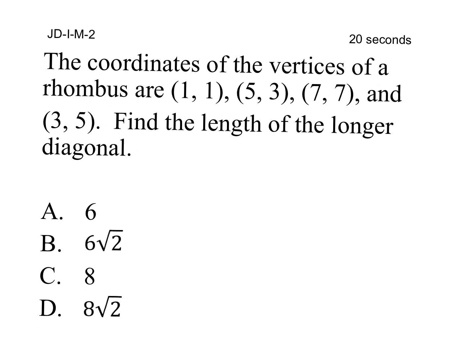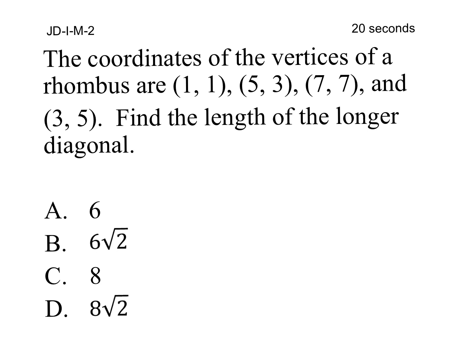Number 2, the coordinates of the vertices of a rhombus are 1, 1, 5, 3, 7, 7, and 3, 5. Find the length of the longer diagonal.